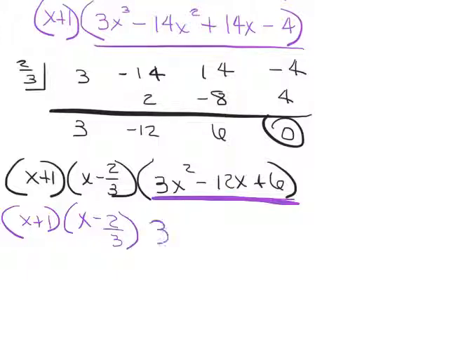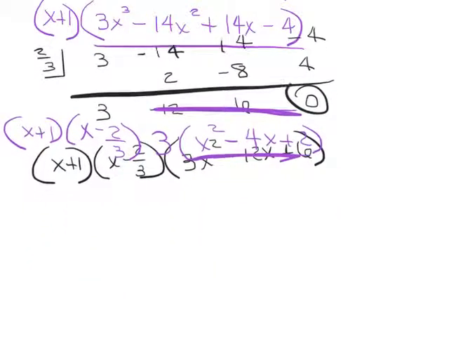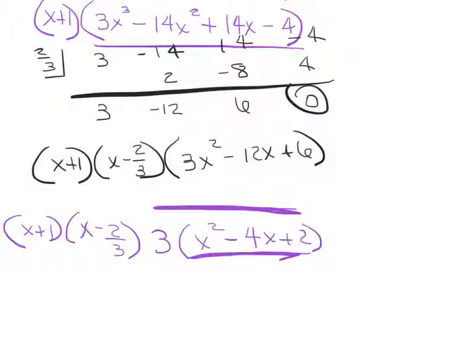I'm going to factor out a 3, like that, and then I cannot factor that, so I'm going to use the quadratic formula. I'm going to get a little bit nasty of an answer here, but let's put it down anyway. So let's move the 3 to the front. 3, x plus 1, x minus 2/3.